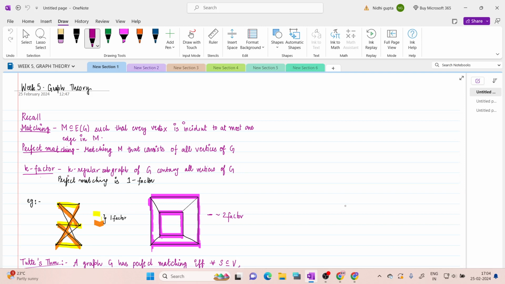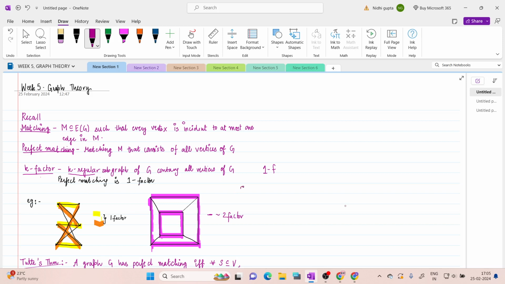K regular means that every vertex has degree k, and spanning means that the subgraph has all the vertices of G. One factor means a one regular graph, so every vertex is incident to exactly one edge, which is the definition of matching. Since it is spanning, it consists of all the vertices, therefore it is a perfect matching. So a one factor is a perfect matching.